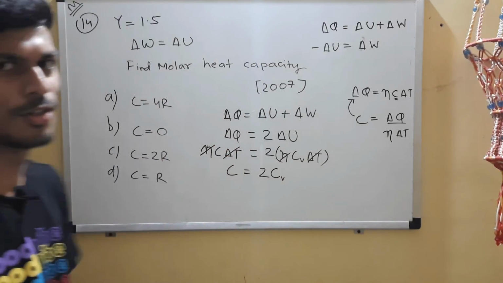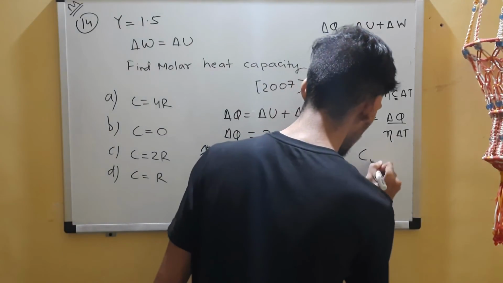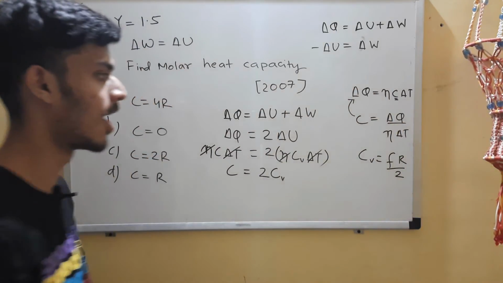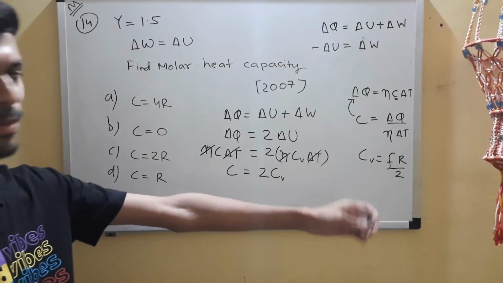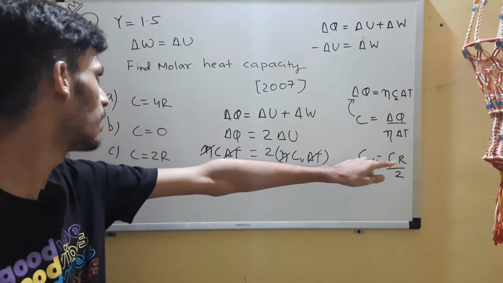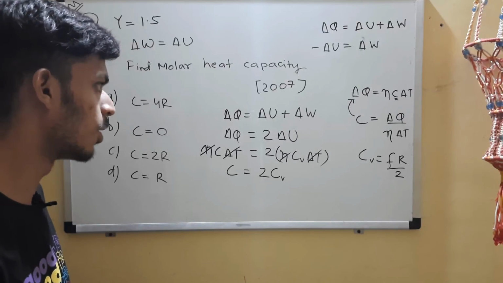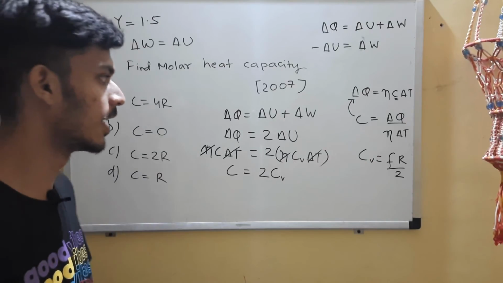One more formula for CV. Do you know it? CV is FR by 2, where F is the degree of freedom and R is the gas constant. Now how will we go about this? We don't know the degree of freedom, right?